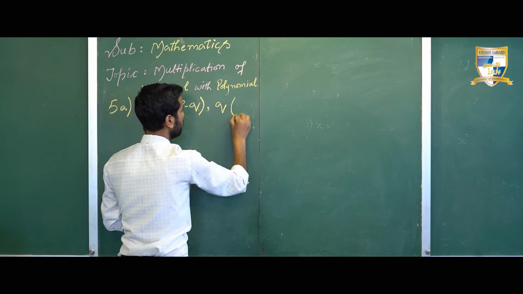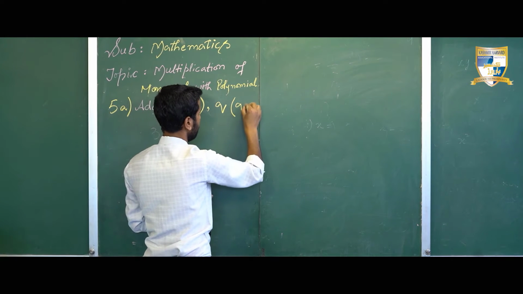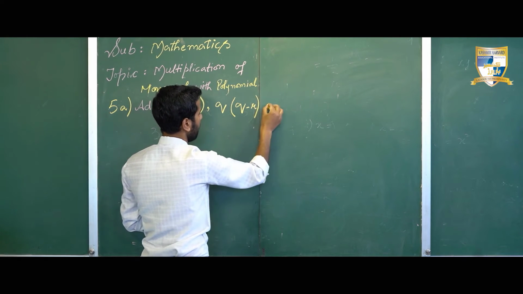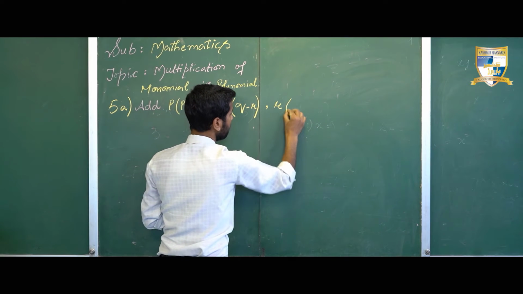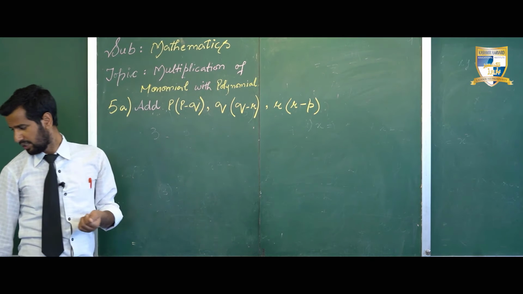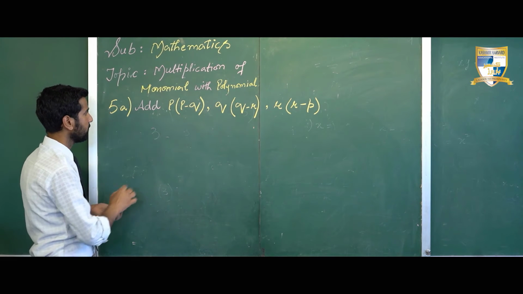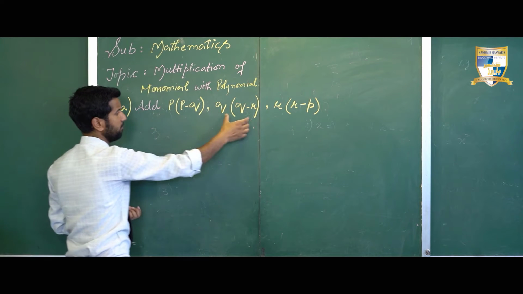The second expression is Q minus R, and the third expression is R minus P. These are the three expressions that we have here, and the question is add them.